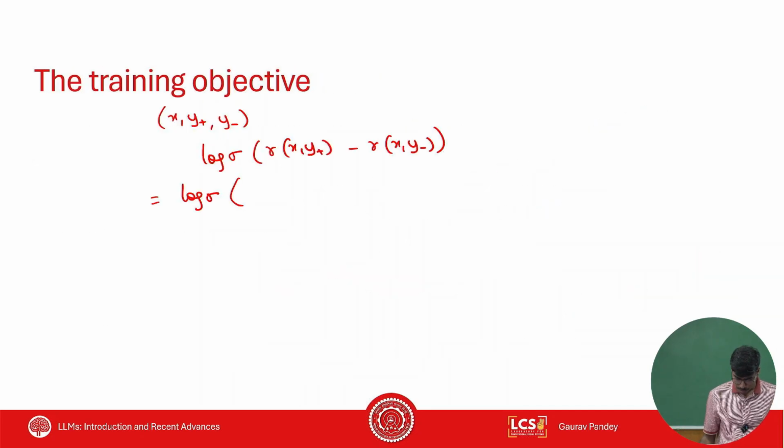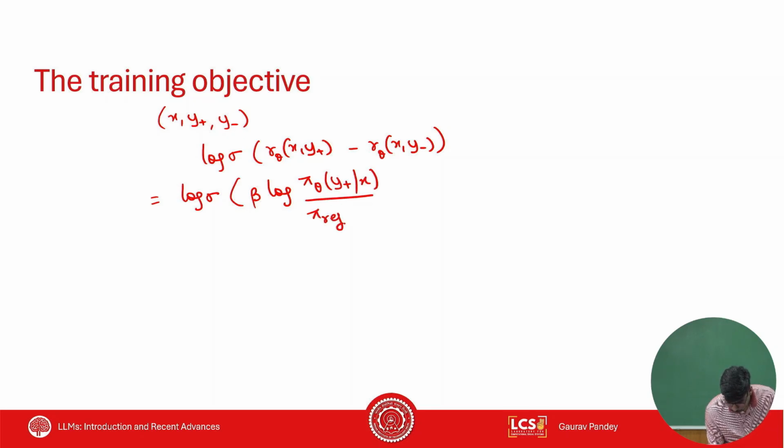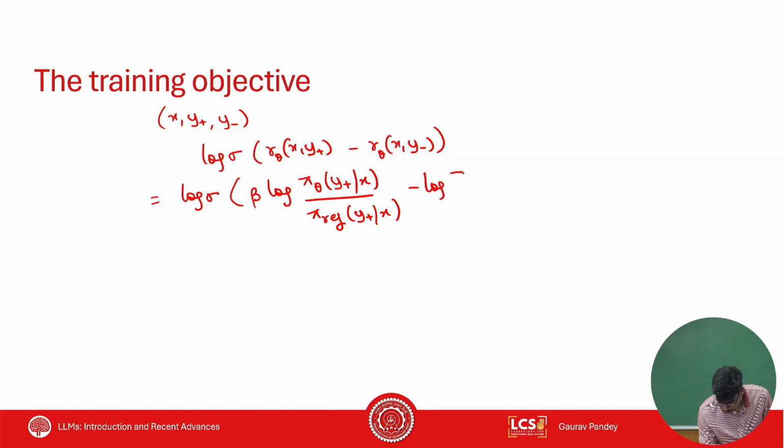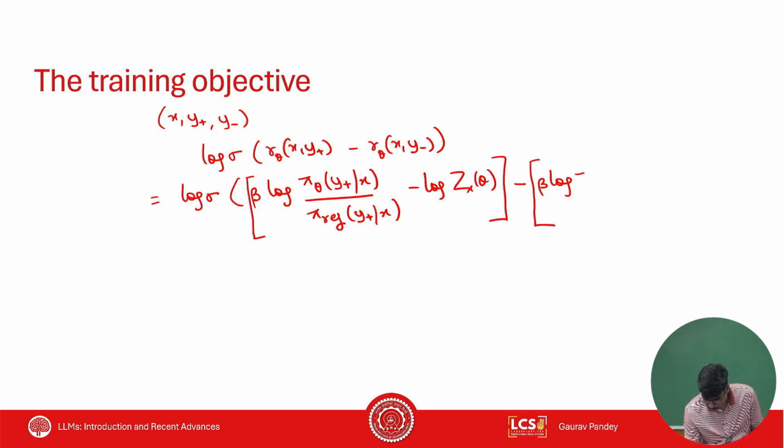It's beta times the log ratio of probabilities, log pi theta, let me call it theta because we are training on theta, y plus given x over the reference model probabilities, minus the normalization constant, minus beta log Z. This is your reward for the positive output, and similarly you have the reward for the negative output.